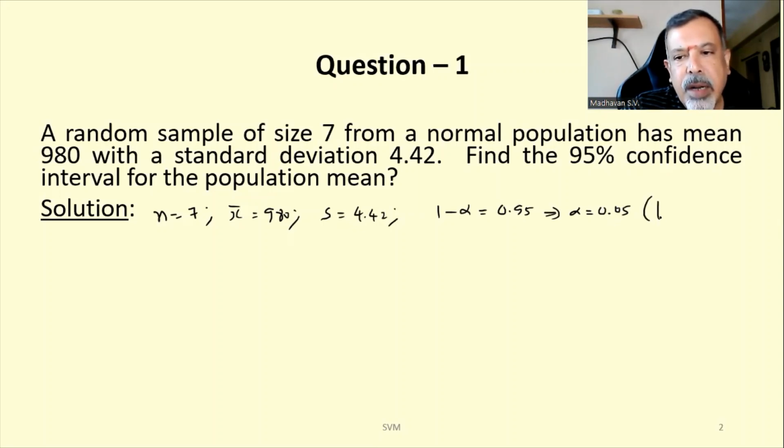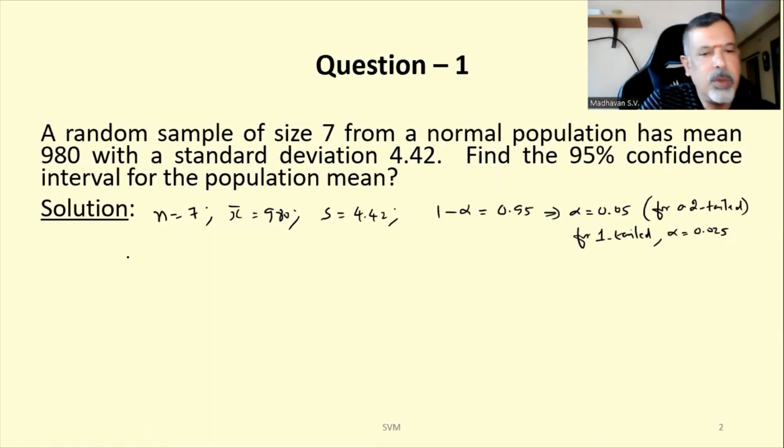This is for a two-tailed test, so for the one-tailed t-table, we need to consider alpha as 0.025.